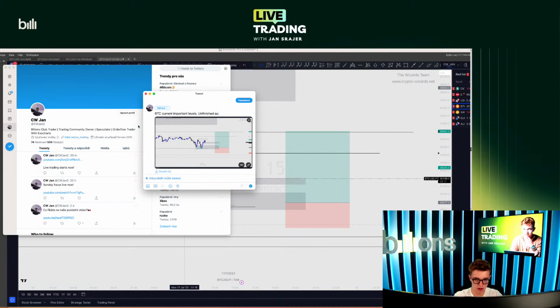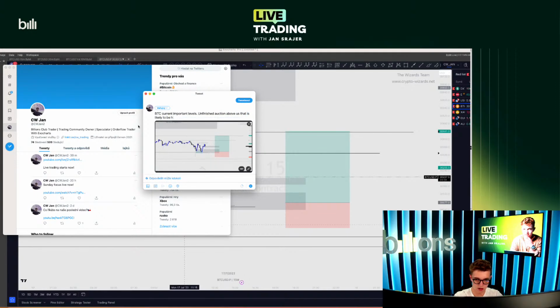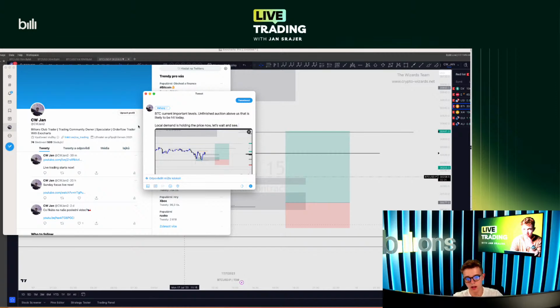Finish auction above us that is likely to be hit. So this is the local demand that is holding the price currently, the 15-minute demand box.